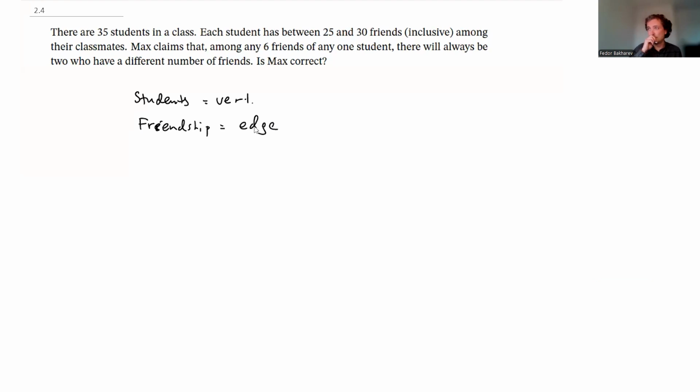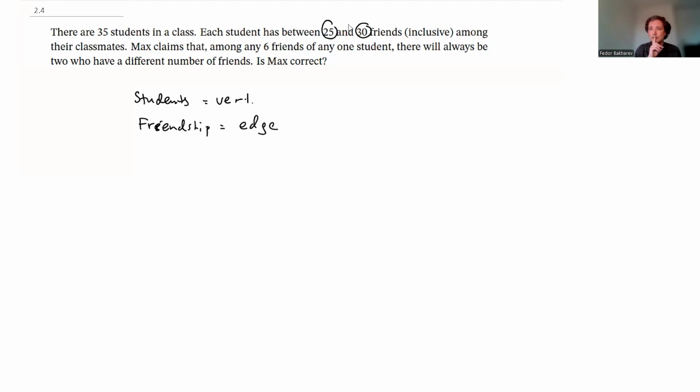So we have 35 vertices and quite a lot of friendships there. The degree of each vertex is between 25 and 30.